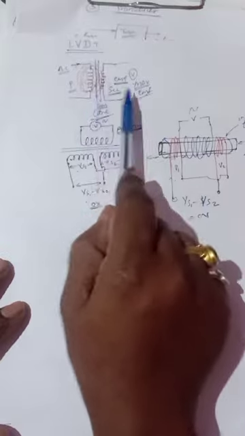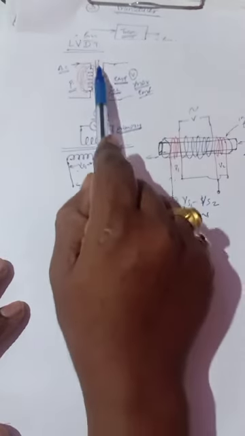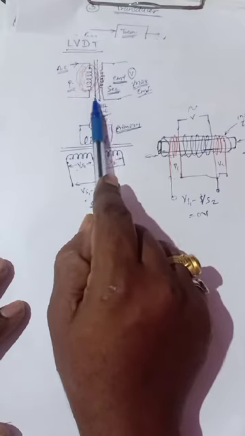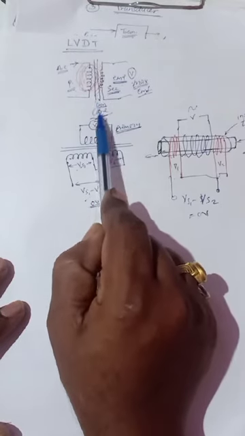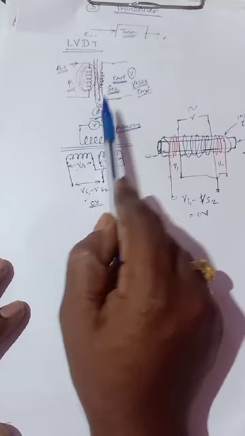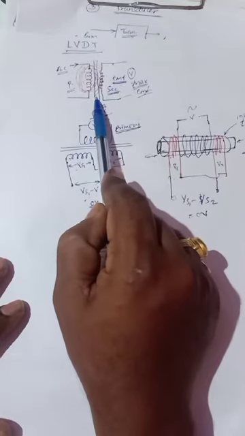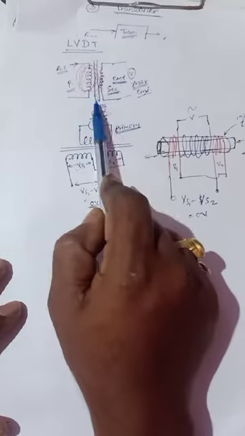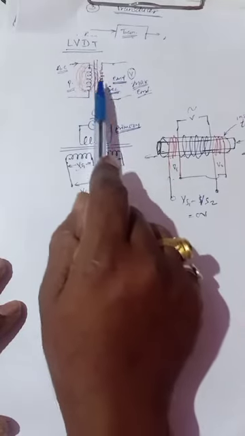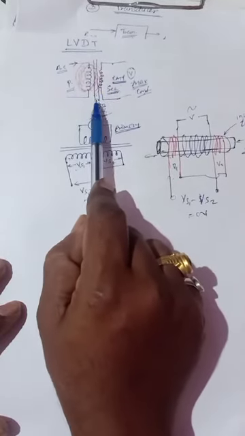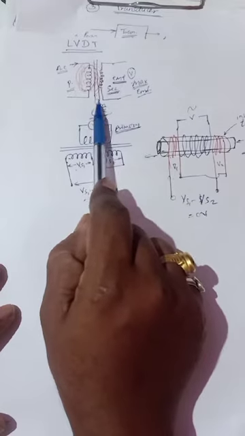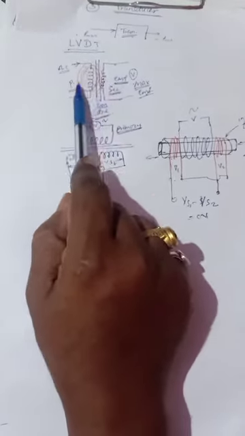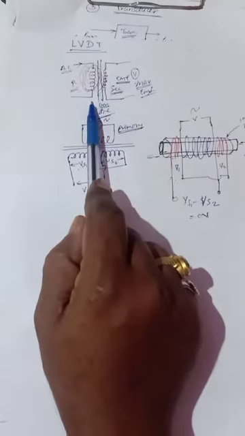Okay, and these two lines in the symbol of transformer indicate this is an iron core. Why are we using this iron core? Core means these two windings are wound on the same former. That means there is a solid iron, and over that we wind these two coils.